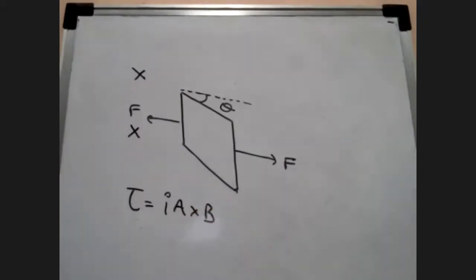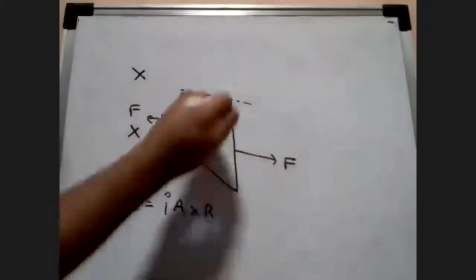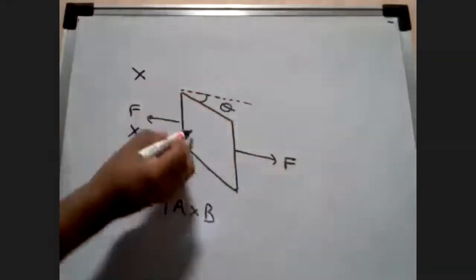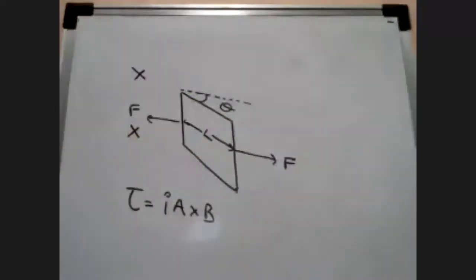Do you remember? If you don't remember, no problem. See, it is just simple. You know, torque is what? Force into perpendicular displacement. Forces over here are like this, and the perpendicular distance is, of course, if this is L, the perpendicular distance will be L by 2 sine theta, as we had done yesterday.